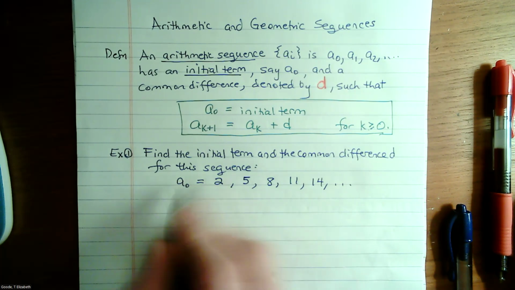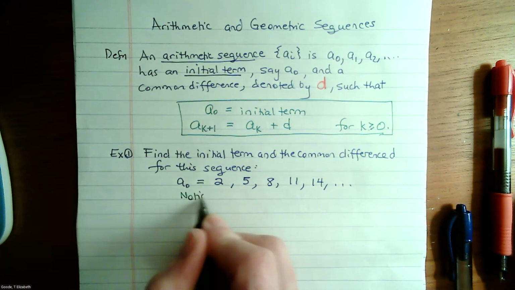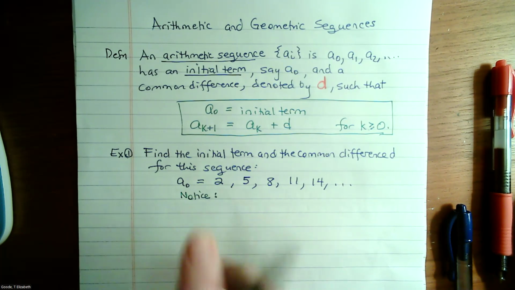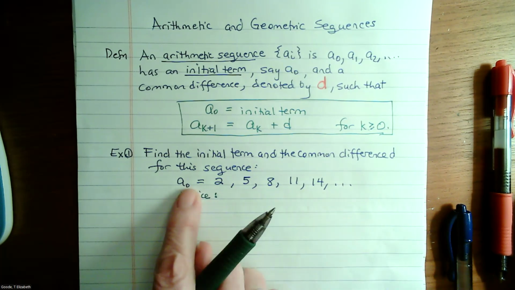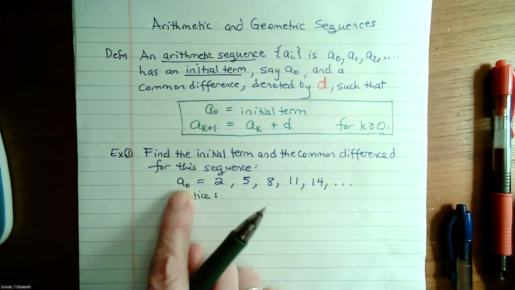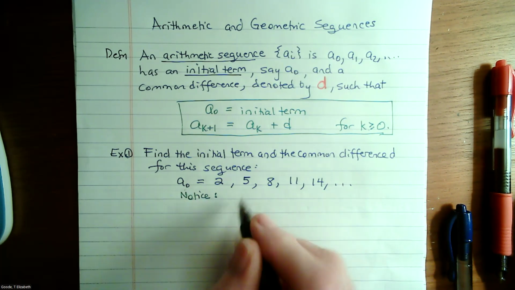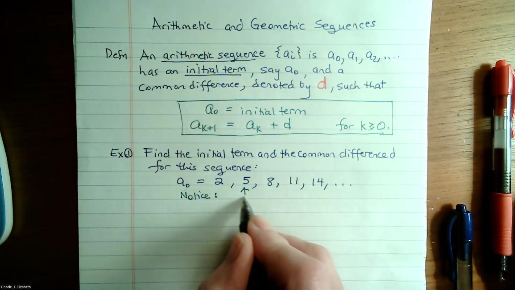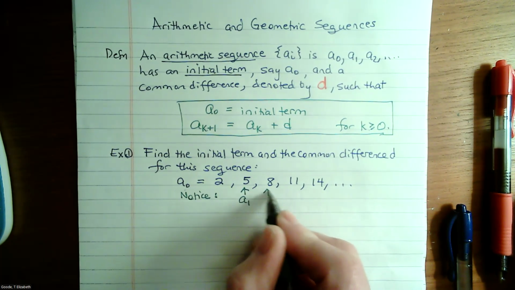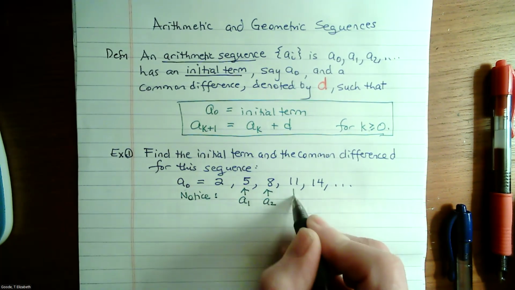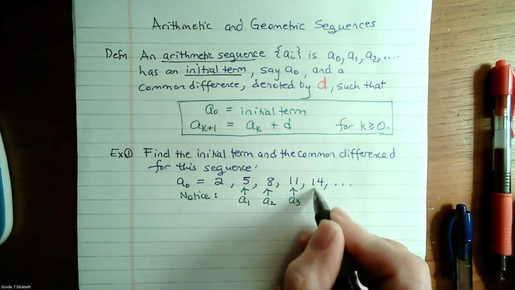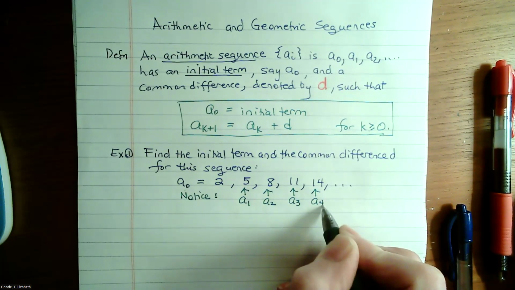So one thing I want to show you is notice, even though it's not written, we're only told that the first term starts with a sub 0, it's indexed with 0. That means this term 5 is called a sub 1, 8 is a sub 2, 11 is a sub 3, 14 is a sub 4, and so on and so forth.